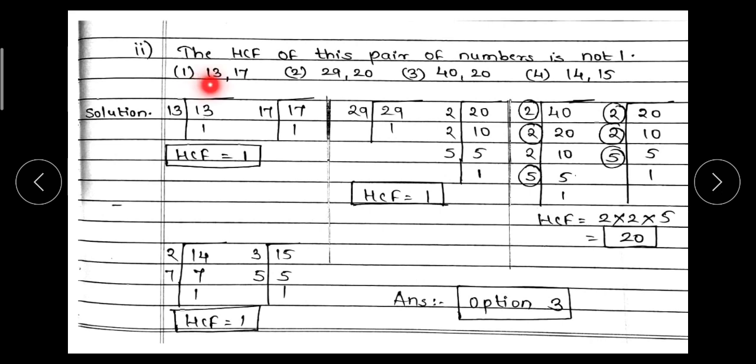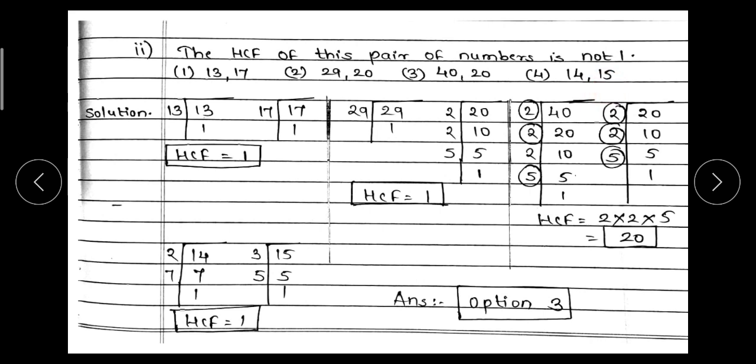See the pairs: 13 and 17, 29 and 20, 40 and 20, 14 and 15. So what we have to do? We have to find out the HCF of all the pairs. HCF of this, HCF of this, HCF of this and HCF of this pair also.